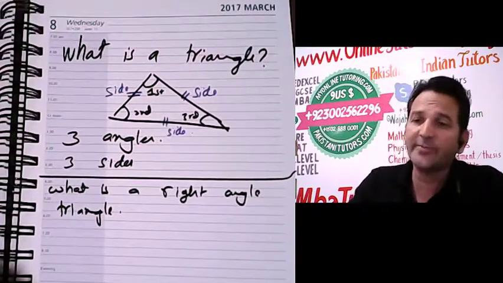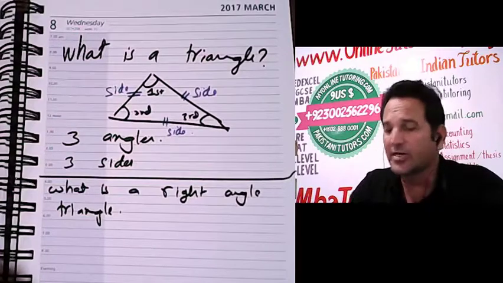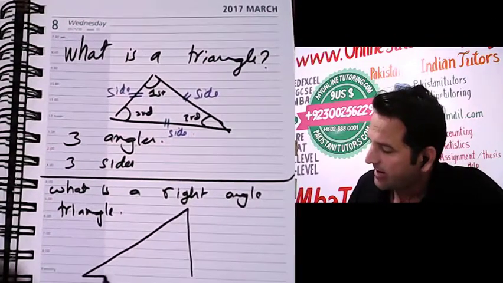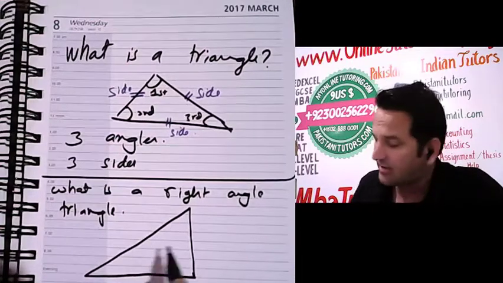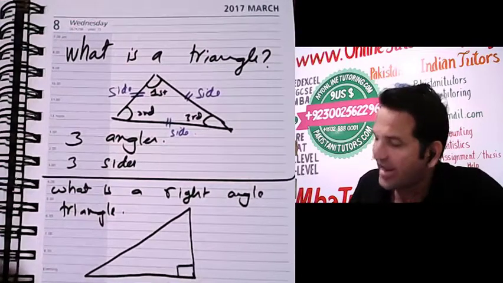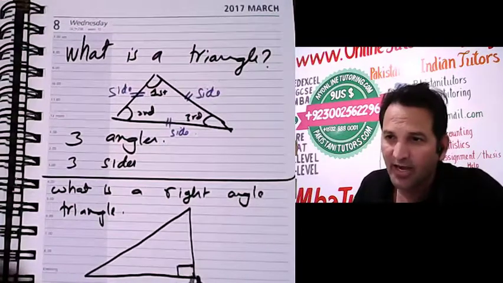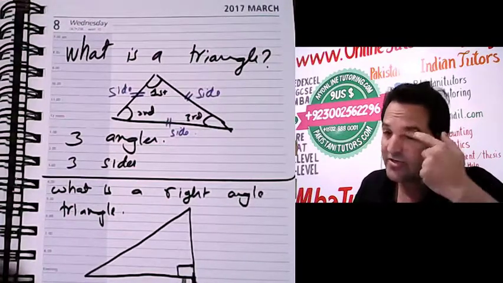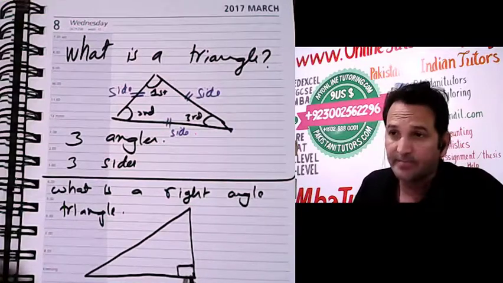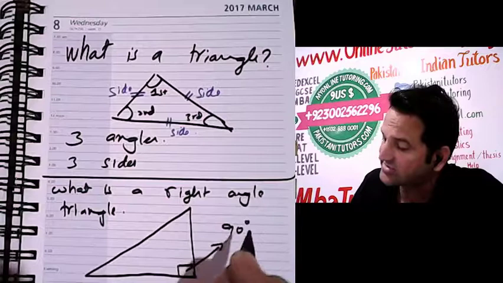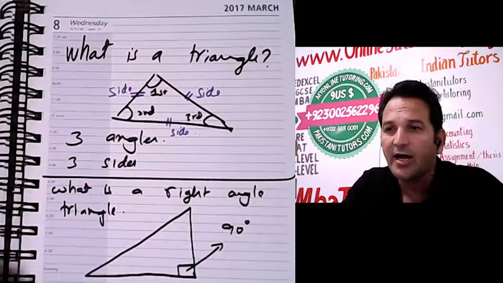So that's why it is important to understand what a right angle triangle is. It is a triangle in which one angle is of 90 degree. Whenever we draw this shape, there is no need to measure it. This will be treated as a 90 degree angle.